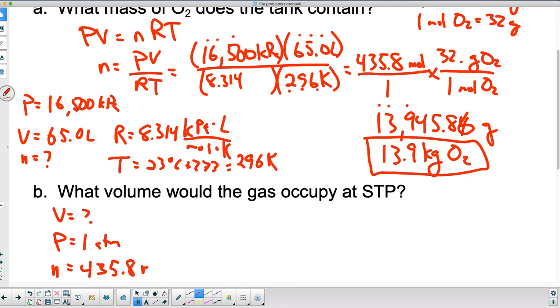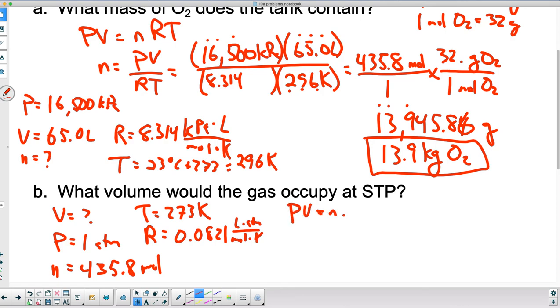My temperature is going to be 273 Kelvin, and my R value at atmospheres is 0.0821 liters atmosphere over mole Kelvin. Okay, so I'm just solving for V.